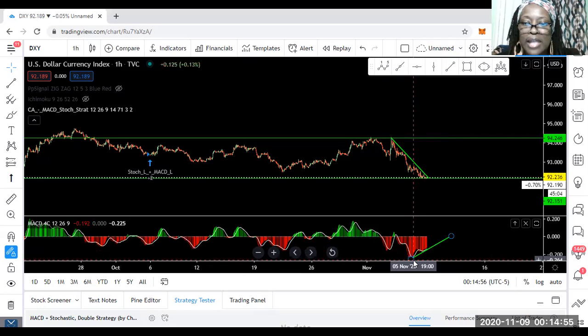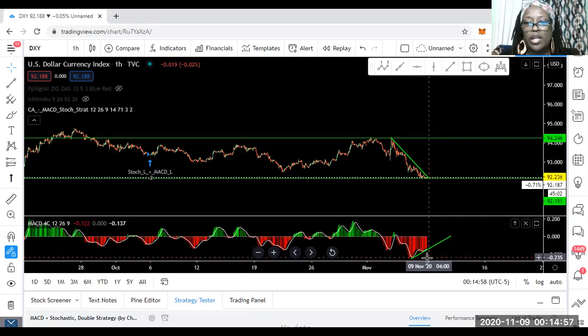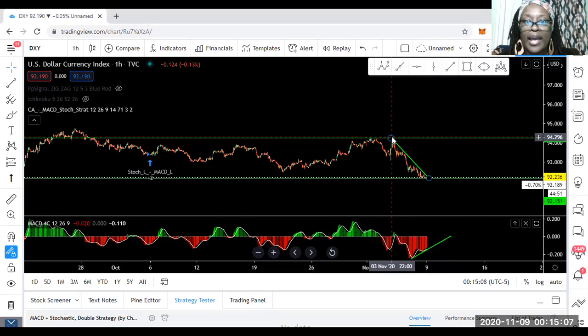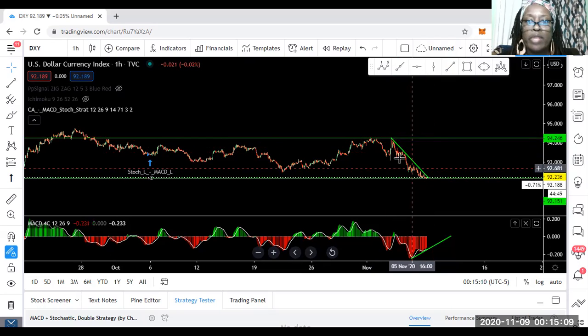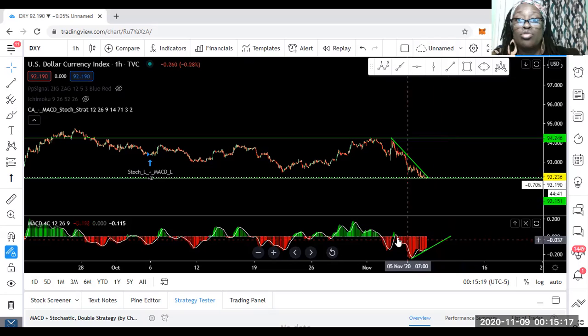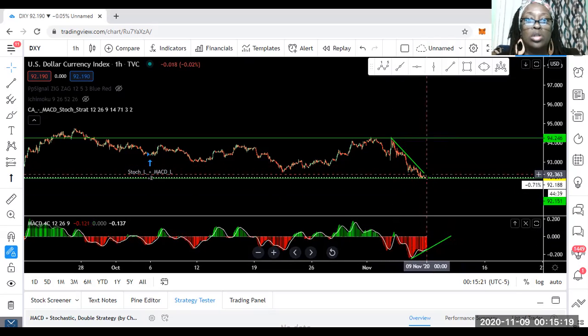As you can see, this is when it's divergent: when on your indicator, price is going the opposite way of the direction it's going on your candles. On the candles, as you can see, we are bearish. We're going down. However, on the MACD, we're going up. That's divergence, and that is a strong indication that we are looking for a bullish move.